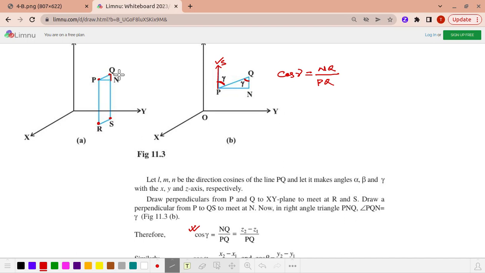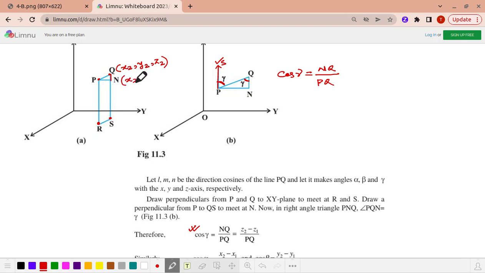NQ is nothing but the difference of the z coordinates of the point Q and point N. What are the coordinates of the point Q? The coordinates of the point Q are given as x2, y2, z2. And what are the coordinates of the point N?